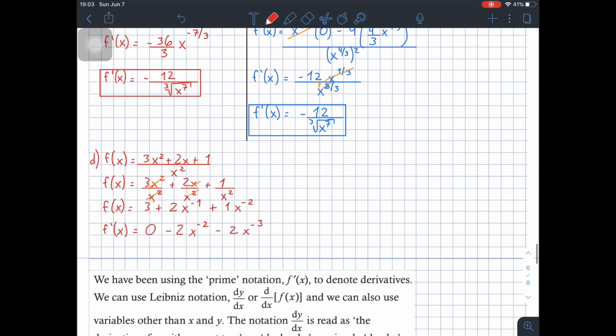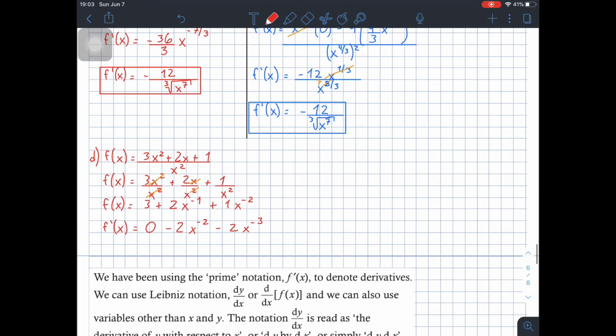So here we have our derivative of f, which if we rewrite this more elegantly, we will get f prime of x equals negative 2 over x squared minus 2 over x cubed. Okay, and this would be the result of this gradient function.